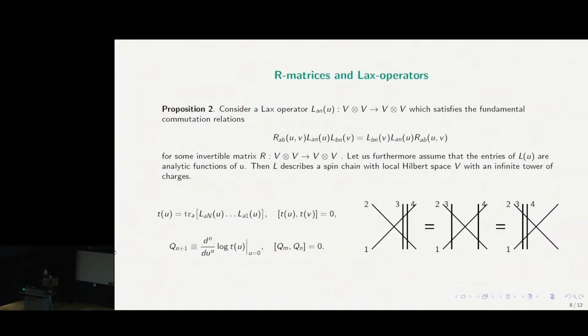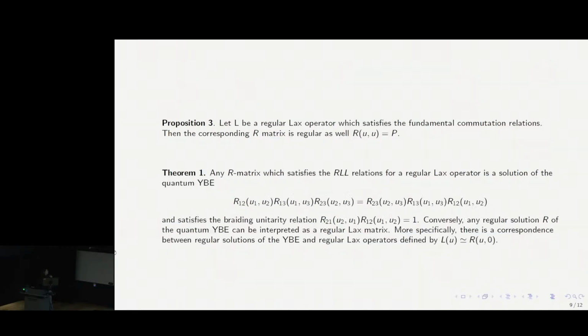So now you could ask, okay, this is nice, we proved it. Could you do this with non-regular as well? Let L be a non-regular Lax operator that satisfies this, does R also have to be non-regular? You could assume, maybe because we use the permutation operators a lot, maybe not.